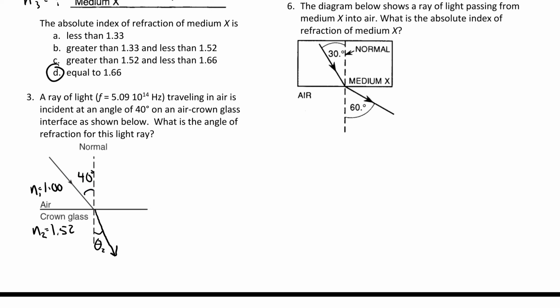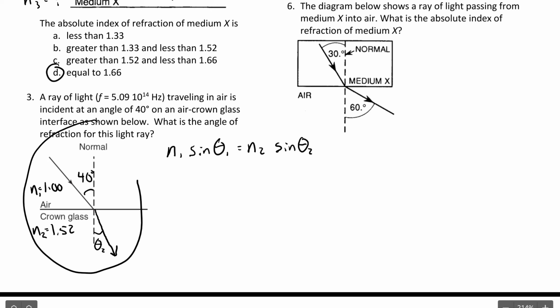So it says, what's the angle of refraction? We need to do Snell's law, which is N1 sine theta 1 is equal to N2 sine theta 2. Then you plug in the information. I'm kind of doing the GUESS method over here because I have all the givens. This is theta 1 equals 40.